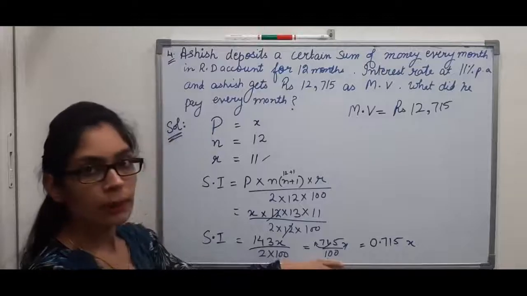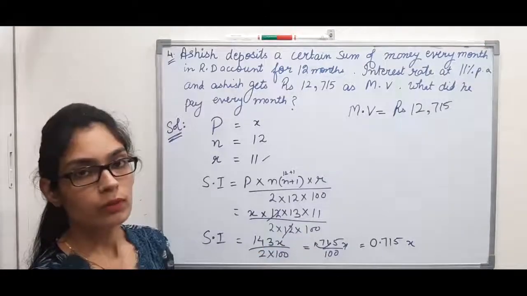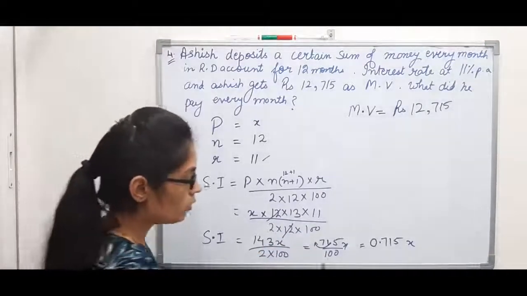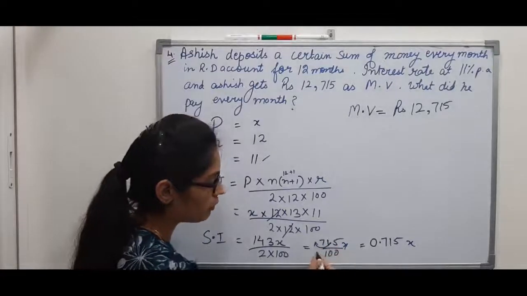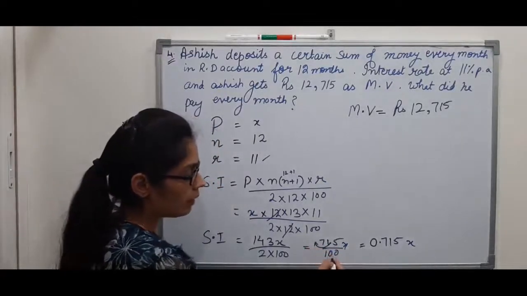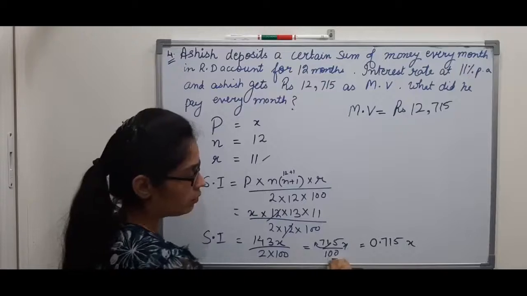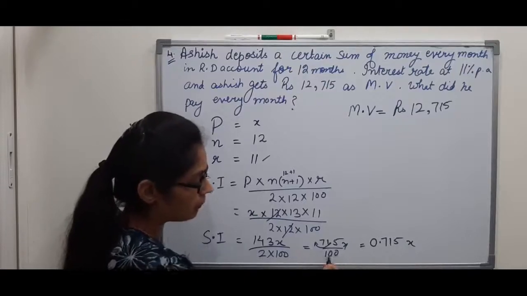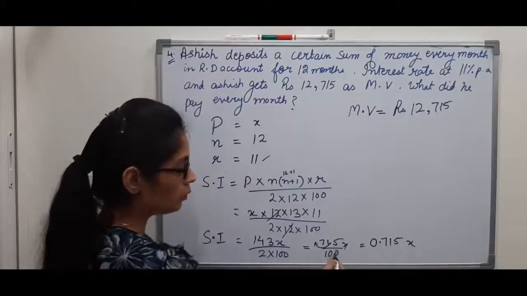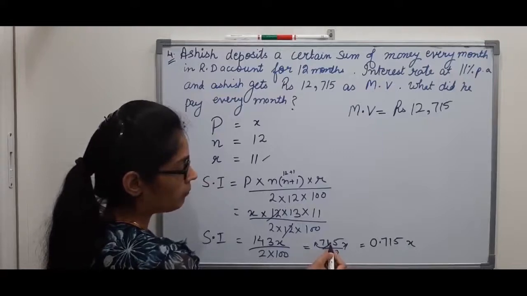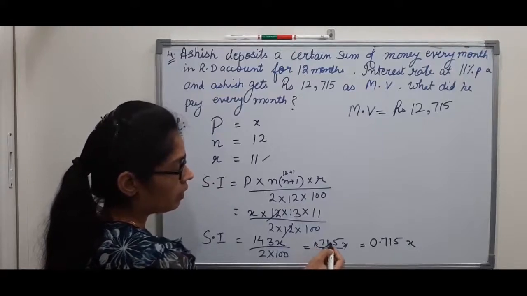See, if your denominator is in the form of 100, 1000, 10,000, then your decimal will always be shifted towards the left-hand side, and the number of digits you have to move depends on the number of zeros. So 2 zeros were there. So I shifted my decimal towards the left, leaving 2 digits.